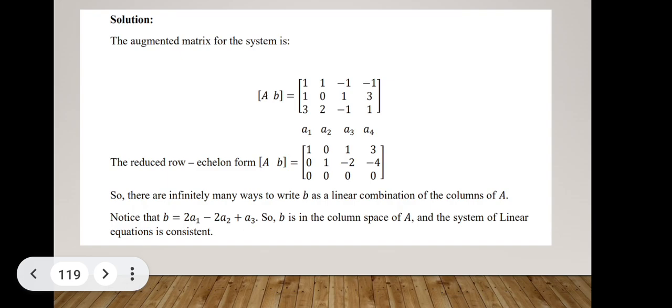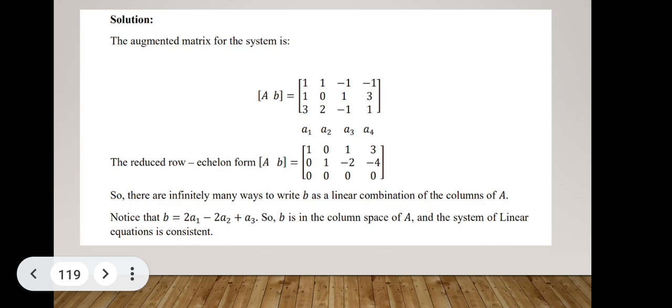So the solution for that: the augmented matrix for the system is [A | b] = first row 1, 1, -1, -1; second row 1, 0, 1, 3; third row 3, 2, -1, 1, with columns a1, a2, a3, and b.